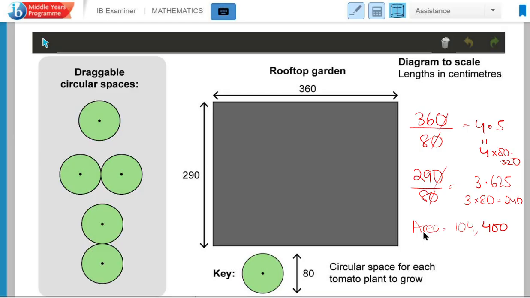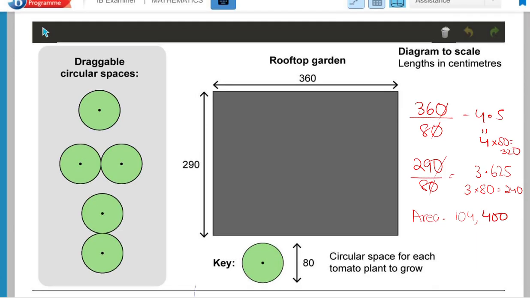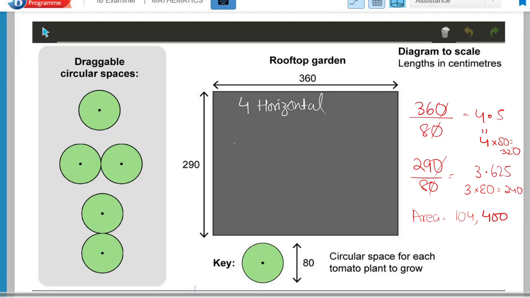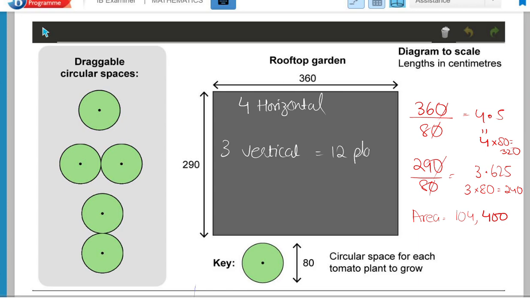Now we know that the total number of plants is 4 horizontal and 3 vertical. So that's a total of 12 plants, right?